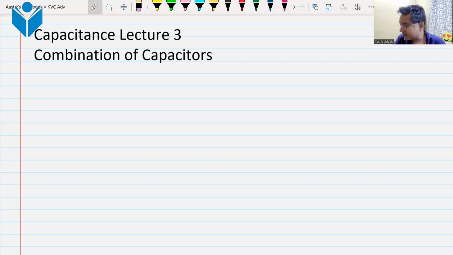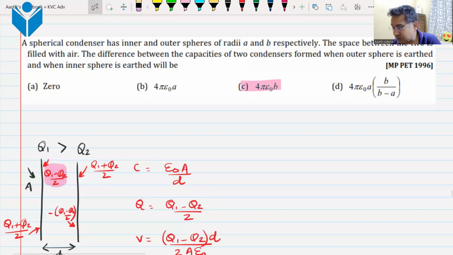Before going on to this topic, let us have a look at what we had done in the previous class. In the previous class, we had seen the types of capacitors. We have seen the parallel plate capacitors, and we have understood the meaning of what is a parallel plate capacitor.